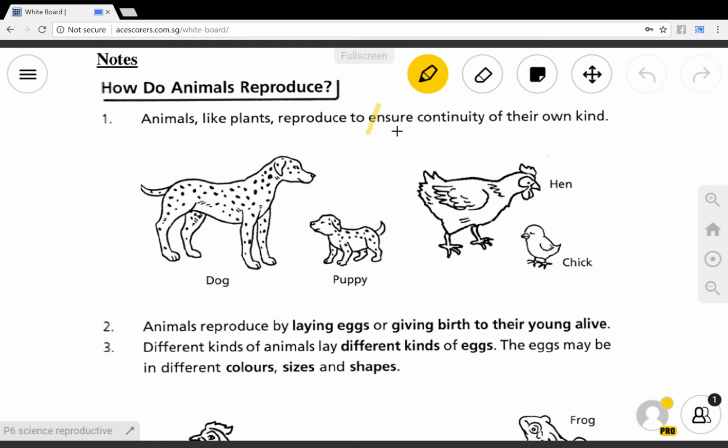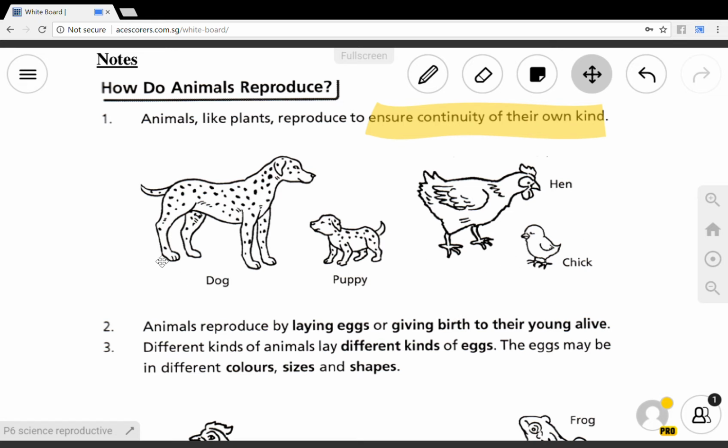Why do they reproduce? To ensure continuity of their kind, just like plants, to prevent extinction. So it is like their instinct to reproduce, right?